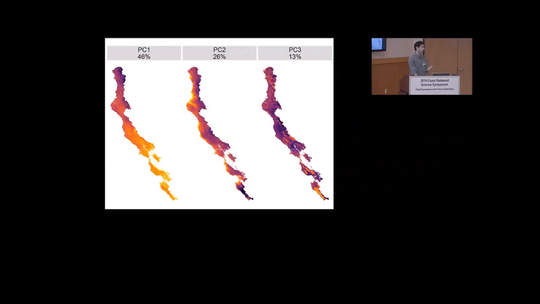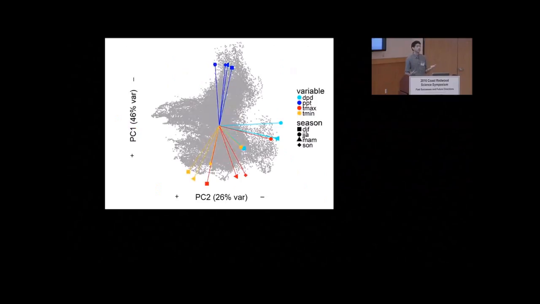But the first two principal components describe the vast majority of the seasonal and intervariable variation that exists among these 16 climate variables. And so if we plot those against each other, we basically get a picture of the climate envelope of the redwood domain, of these watersheds that contain redwoods up and down the coast of California.